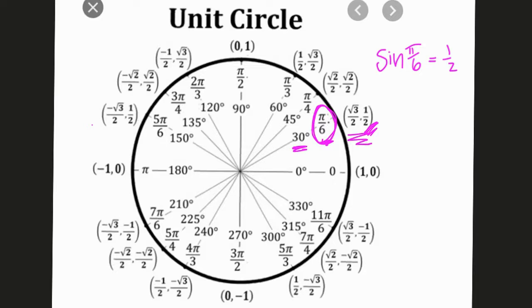Because when we derived the unit circle, this side right here was 1/2, and the hypotenuse was 1, right? And you already know how to take the sine of an angle, right? Sine is opposite over hypotenuse. And that's why this comes out so nice and easy. It's just this coordinate because the hypotenuse is 1.